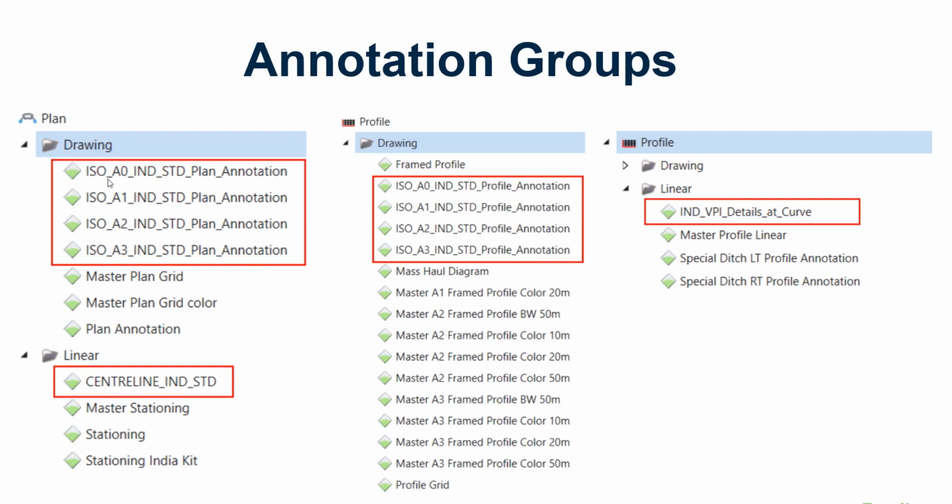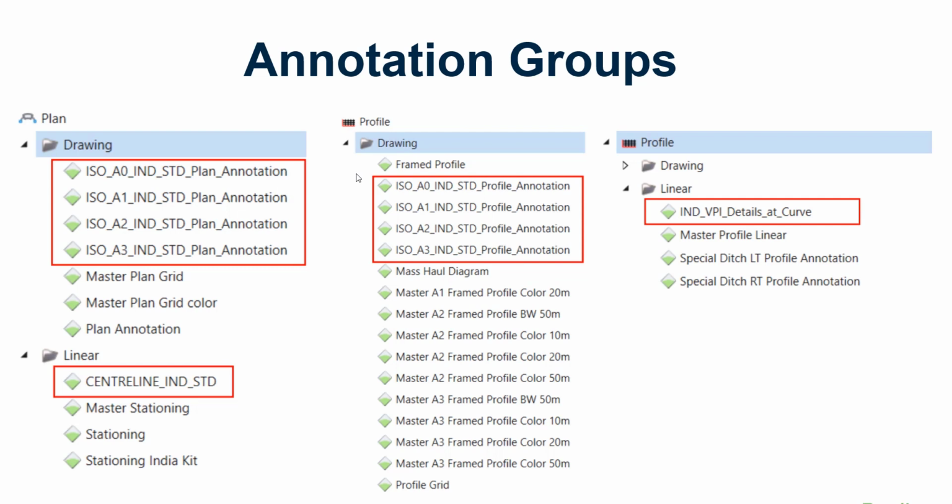The drawing annotation group contains annotations such as your grid lines, match lines, as well as the north arrow. Everything is controlled from the drawing annotation groups. And for plan linear, we have this annotation group with the same name as our centerline feature definition, so that there is no scope for confusion.